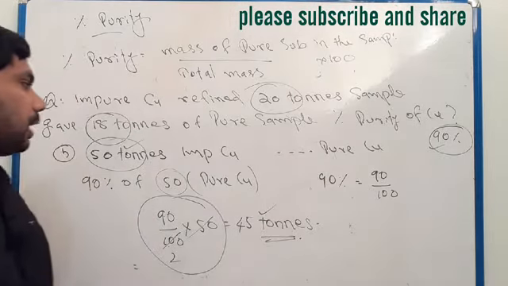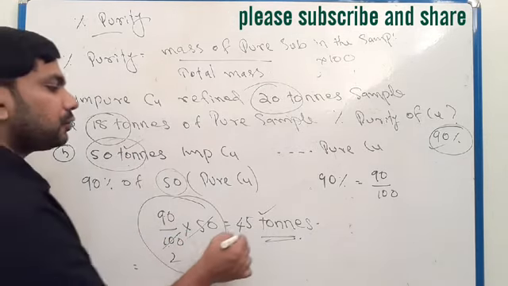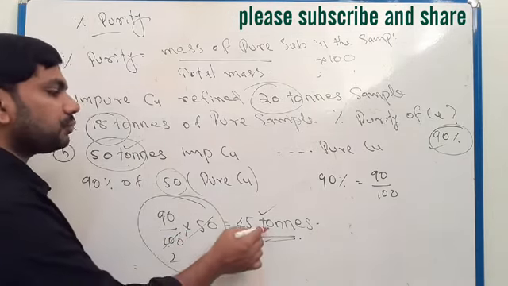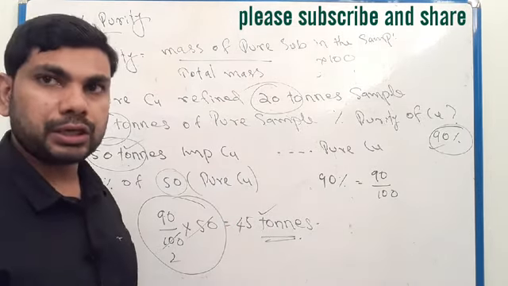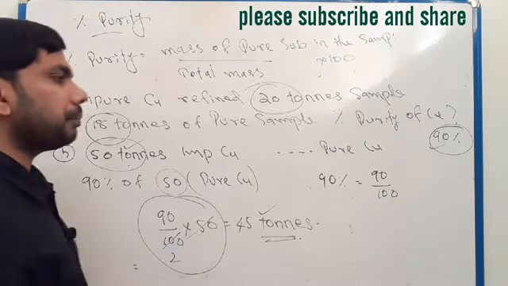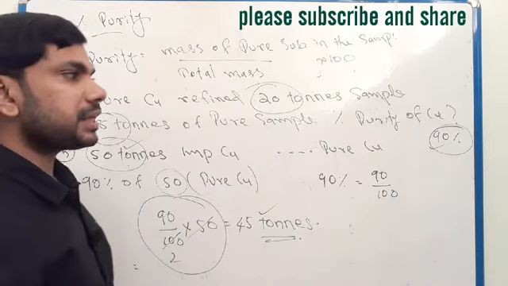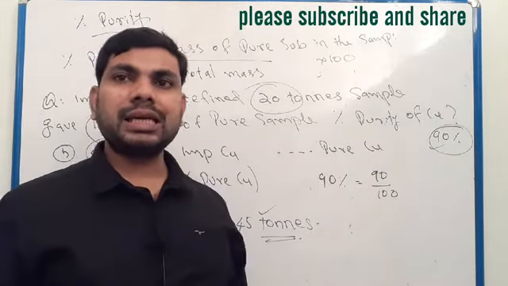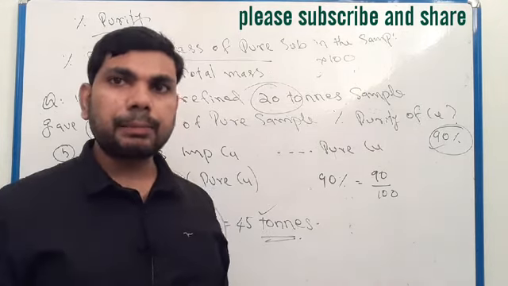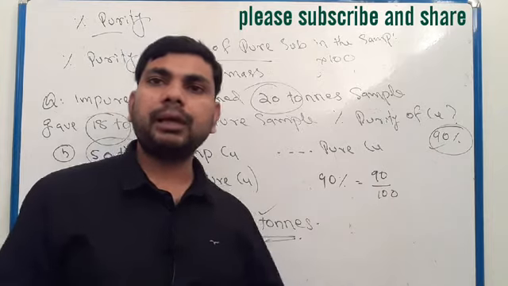So here you have 50 ton impure copper. You will get 45 ton pure copper. Rest will be impurity. So here you have to remember, in this question we found the percentage purity is 90 percentage. So when you take impure sample, its 90 percentage will be pure copper, rest will be impurity.